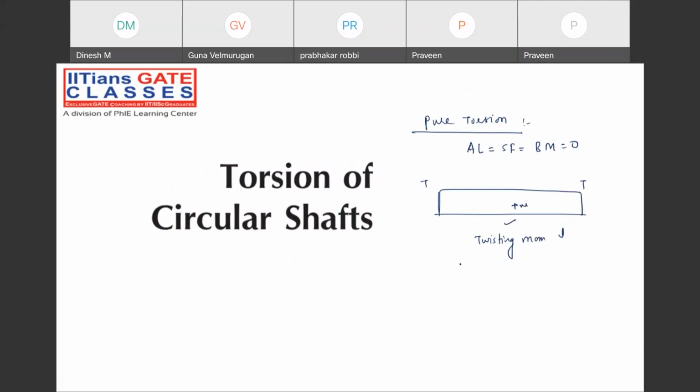Yes or no, guys? Please note down: pure torsion means axial force, shear force and bending moment all will be zero. That will say that it's a pure torsion. Very, very important, one of the highlighted concepts.